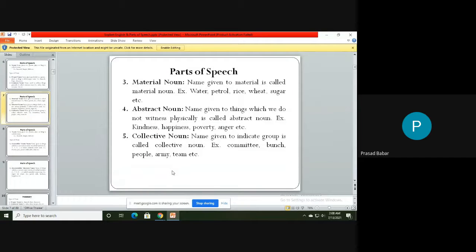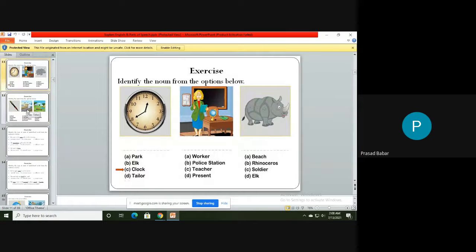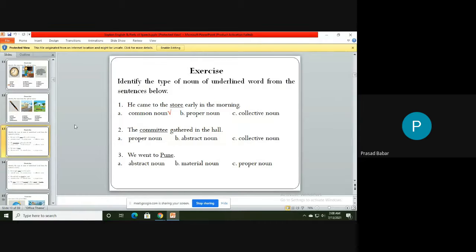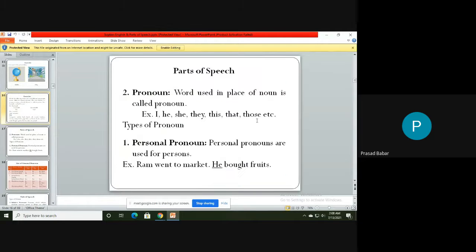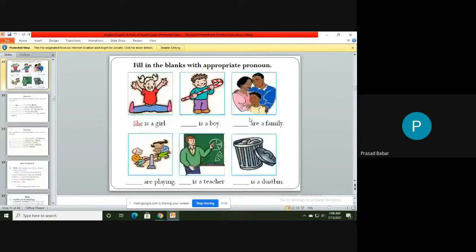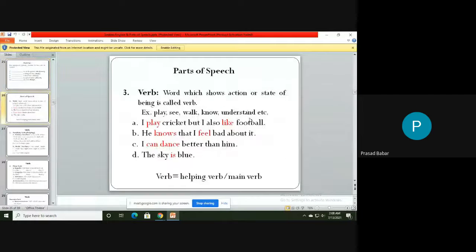And what is that? It is verb. So the third part of speech is verb.